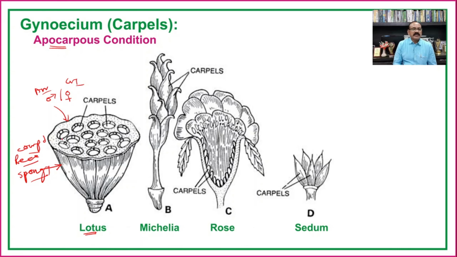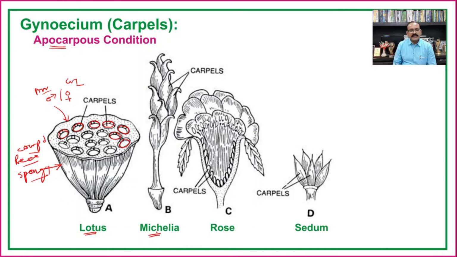All the carpels present on this compound spongy receptacle are separated from each other, and hence it is known as apocarpous condition.